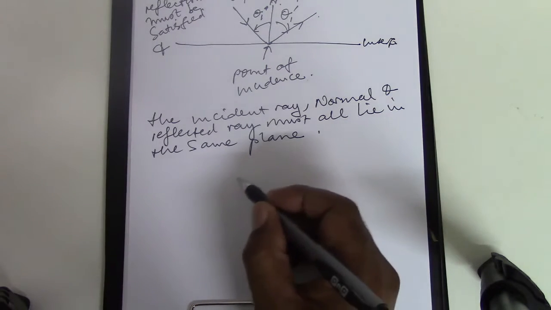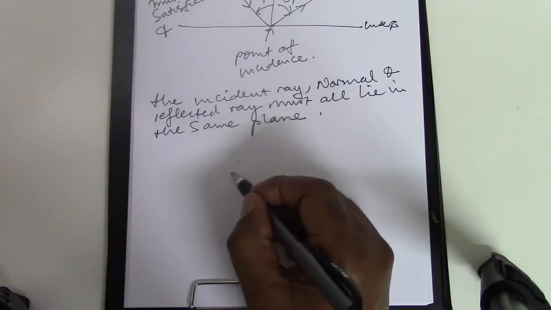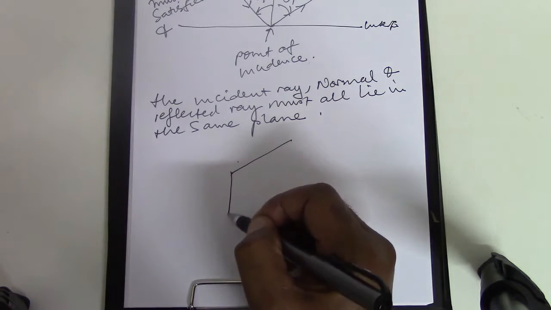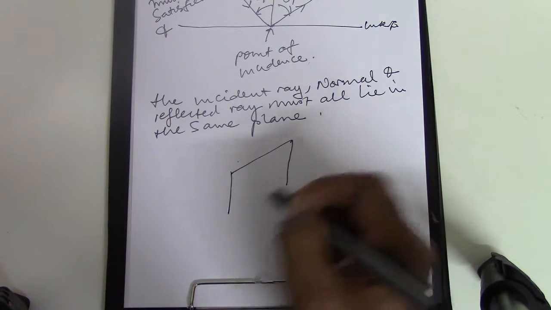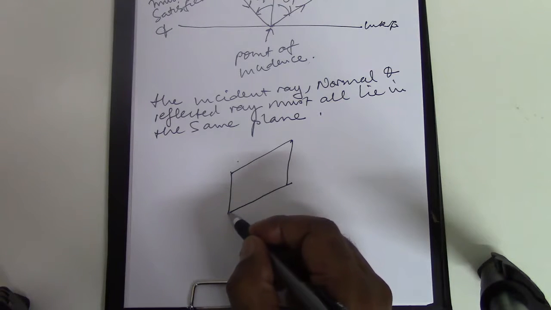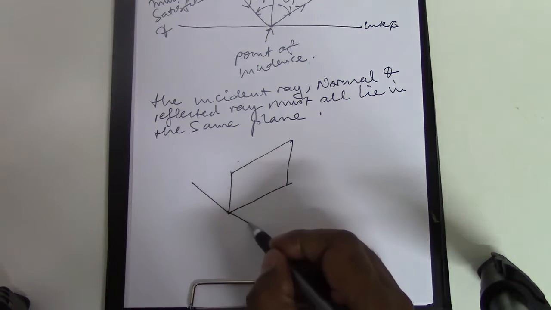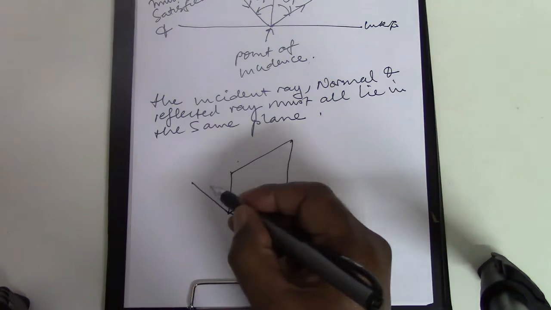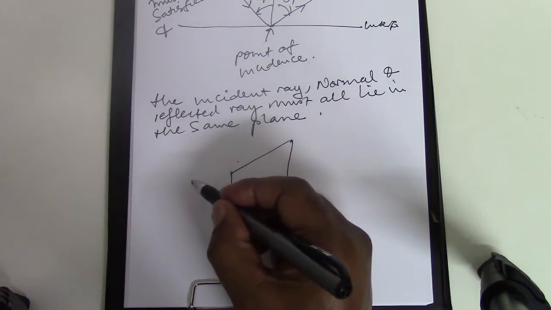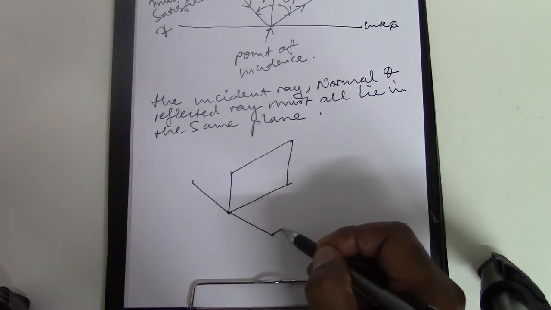Diagrammatically, I can say, for example, let's say this could be our plane of incidence. Now, we can draw here like this.